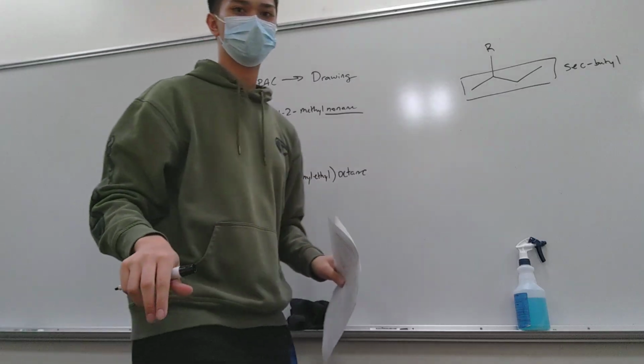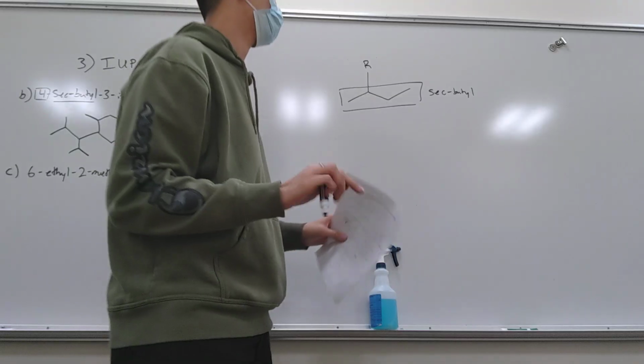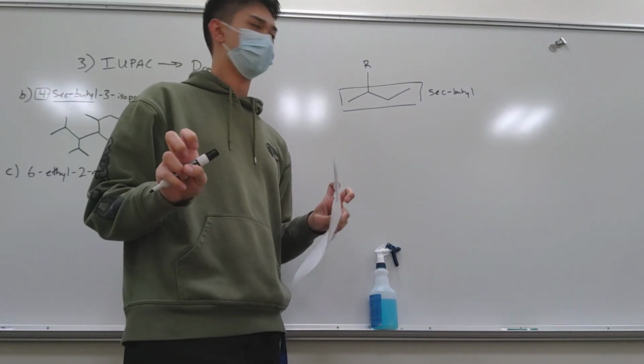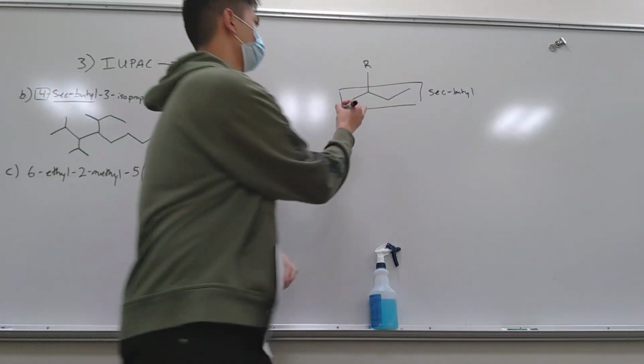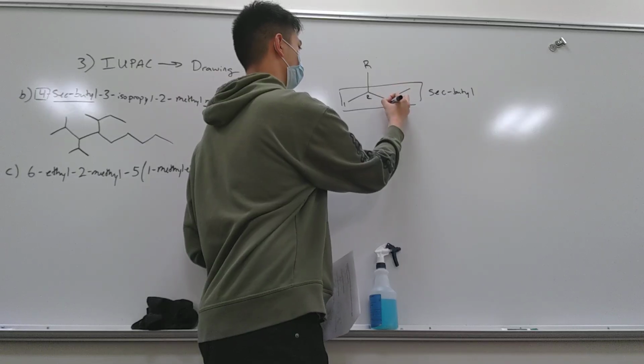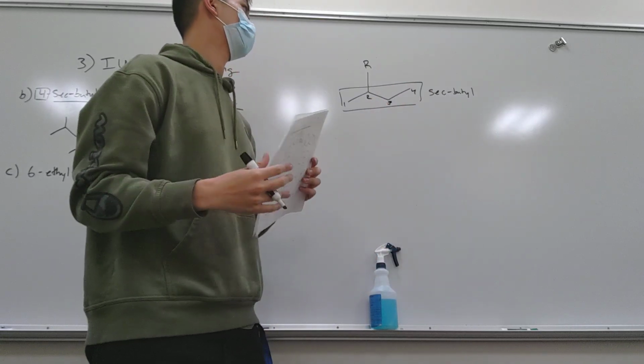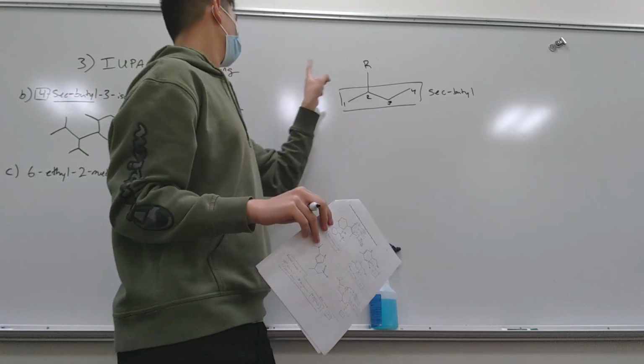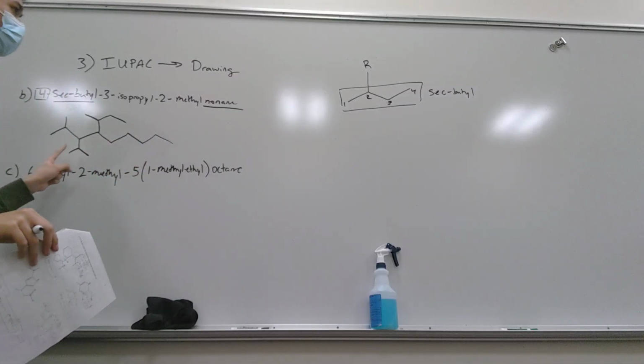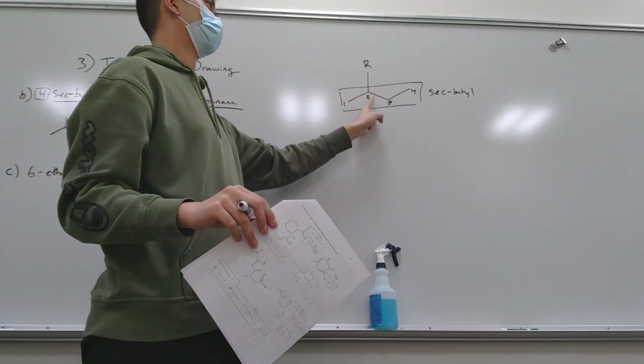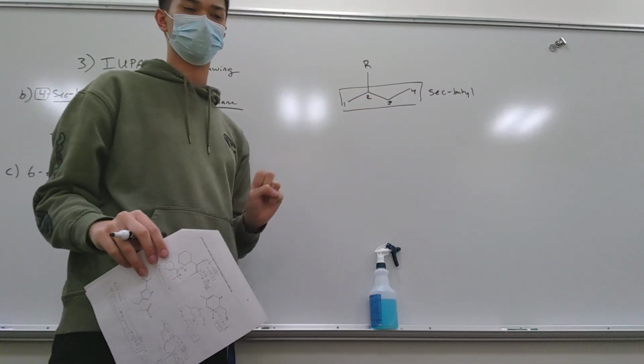We can imagine that if we were to number it like its own chain, we can see that 1, 2, 3, 4. Then the R group, this whole thing here, is attached to carbon 2 of this mini chain.